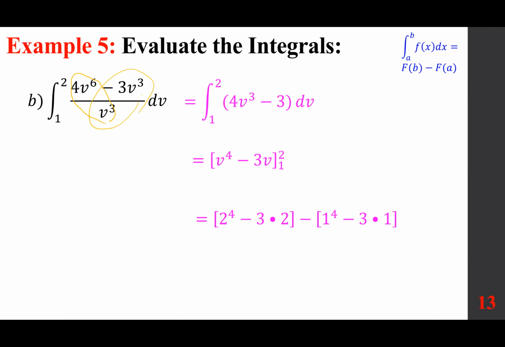So plug in 2, and then plug in 1. Let us evaluate this. This is 16 minus 6. This is 1 minus 3. So the first one is a 10, minus the second one, which is negative 2.